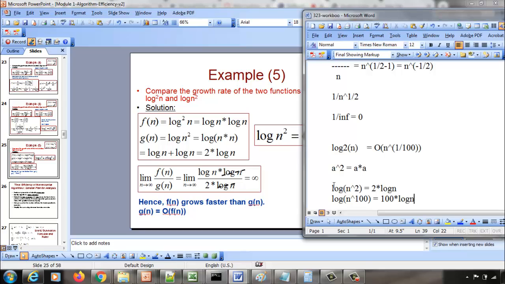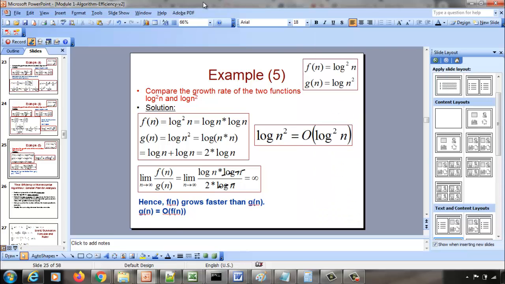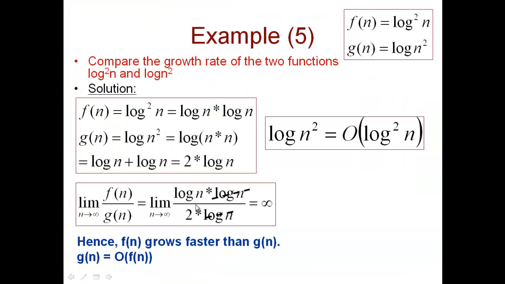So instead of 2, you are going to have 100 times log n. So that's going to be log n over 100. Now we apply the limit n equals infinity. It's going to be log infinity over 100. That is going to be still infinity. That means we are still going to have log n to the power 100 smaller than log square n.